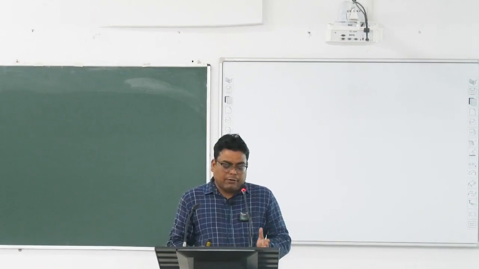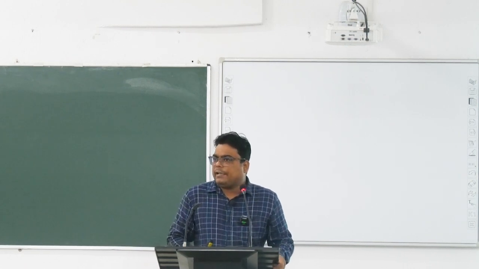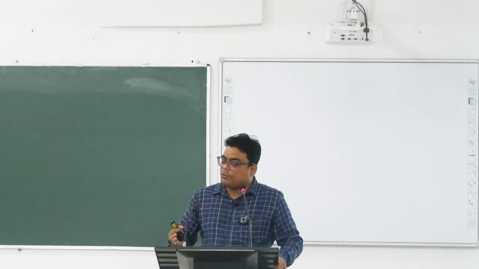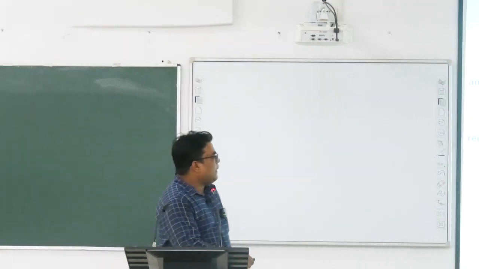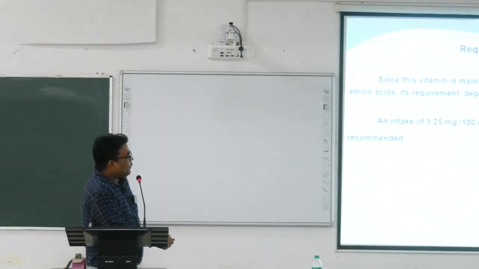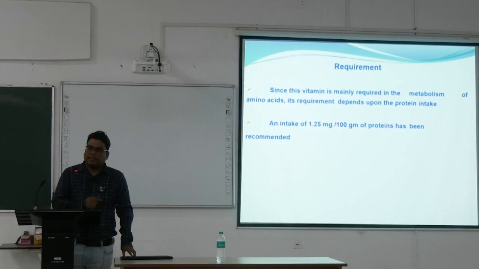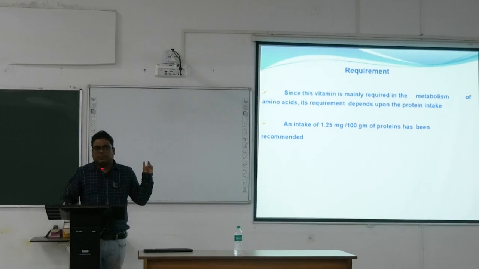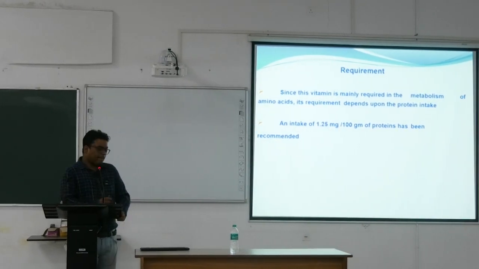So the RDA, recommended dietary allowance, is directly proportional to the protein intake in the diet. If a person takes a high protein diet, they need more vitamin B6. 1.25 milligram per 100 gram of protein has been recommended. All of you note this value: 1.25 milligram per 100 gram of protein.